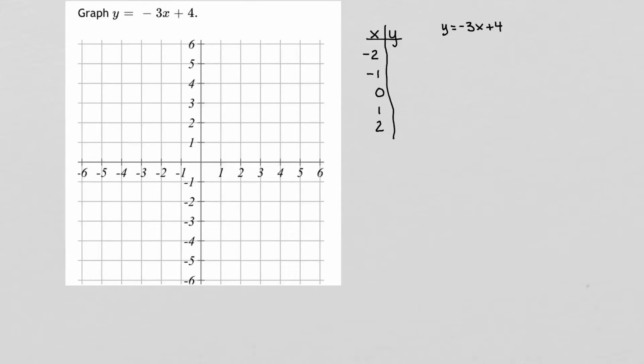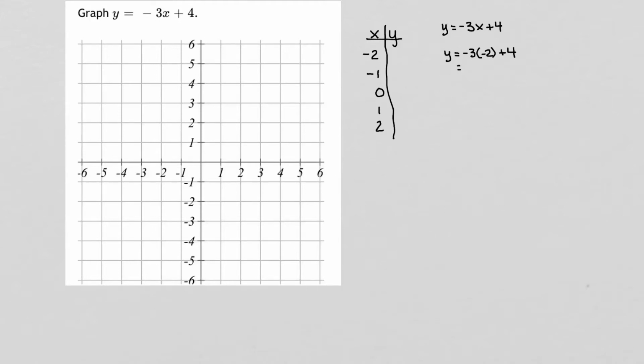In the first coordinate, when we have x being negative 2, we want to find the corresponding y. That is, we are going to set x to be negative 2, so we will have negative 3 times negative 2 plus 4. Let's work out this number.